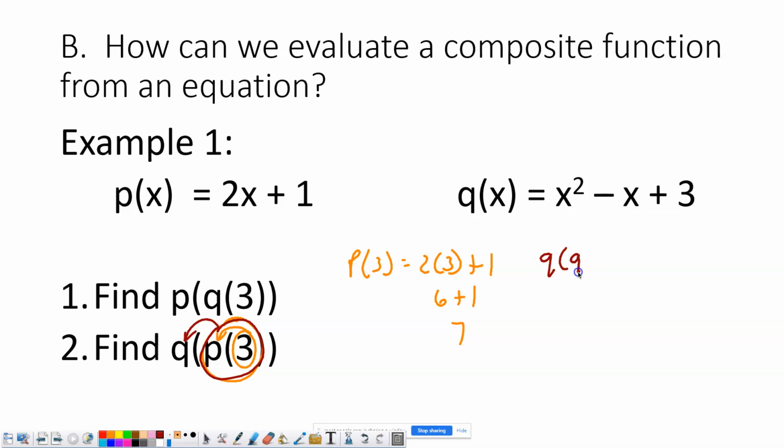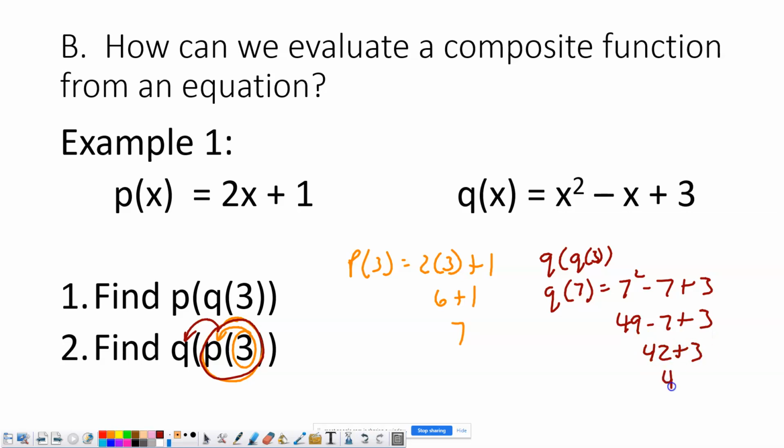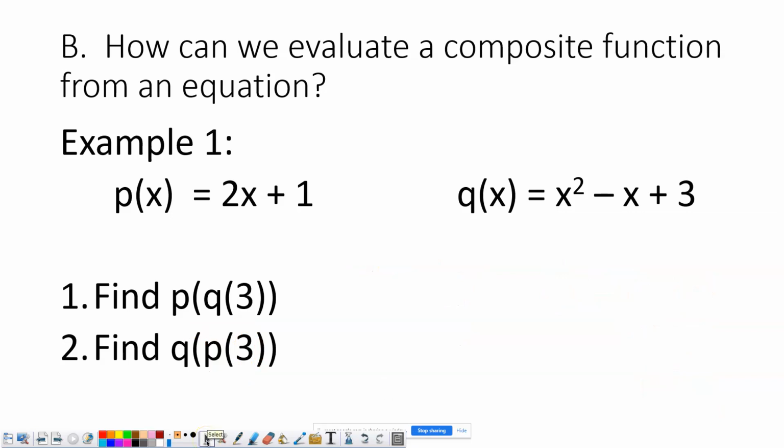So p of q of 3 is the same thing as p of 7. I'm sorry, q of 7. So that would be 7 squared minus 7 plus 3. There you go. So that is how you can evaluate a composite function. In other words, that's how you can take a composite function and plug a number into it.